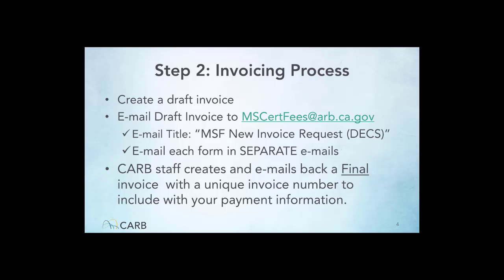Lastly, CARB staff will create and then email back to you the final invoice. You will use the invoice number and total payment for step 3 and 4 of the invoicing and payment process. Again, please review the March 8 workshop or visit our webpage for detailed instructions.